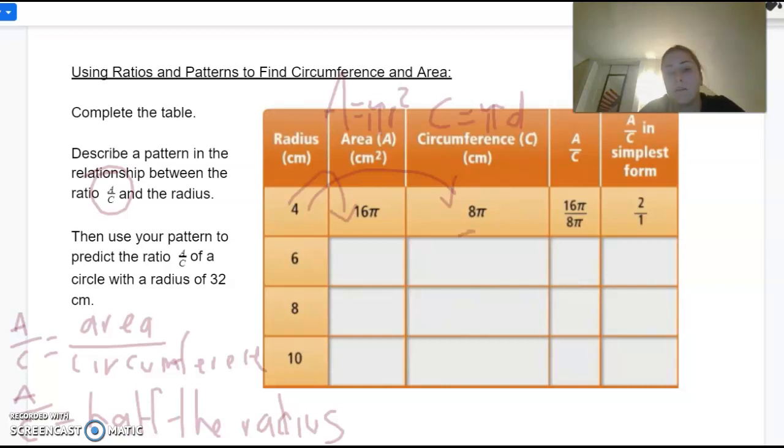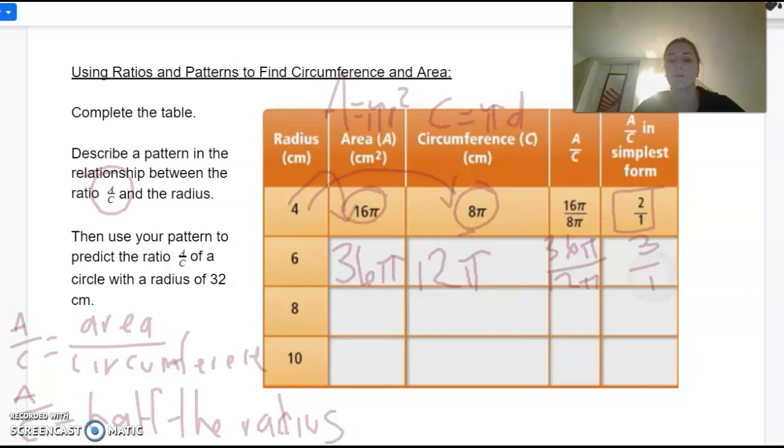So we take our 16 pi divided by our 8 pi and we end up with 2. Alright, so let's try it here. We're going to do radius squared, so we're going to have 36 pi. Then we're going to do pi times diameter. Our diameter here would be 6 times 2 is 12 pi. Okay, so then we're going to do 36 pi divided by 12 pi, and we're left with 3/1.